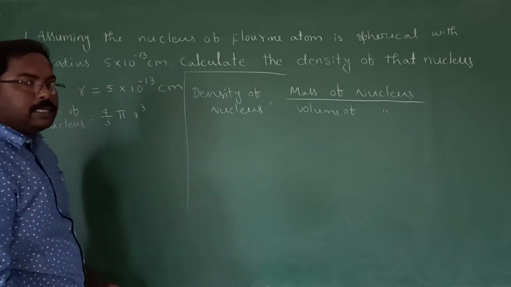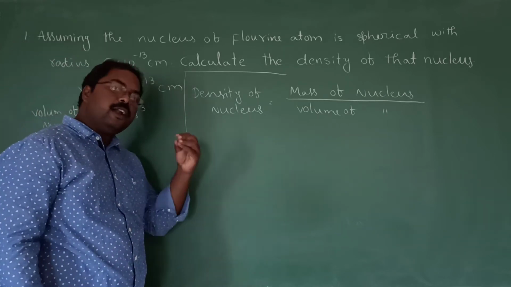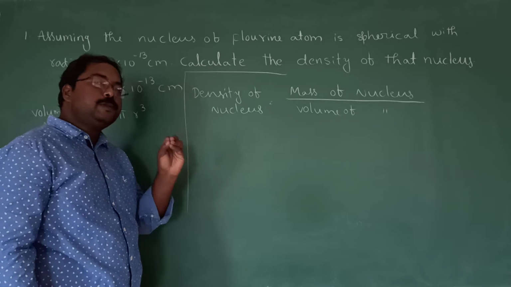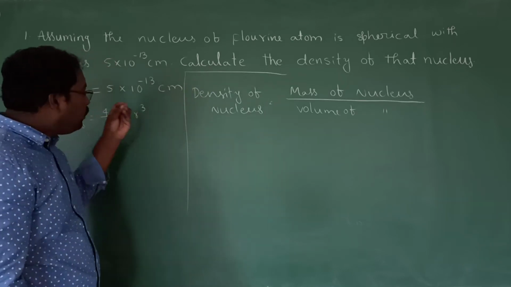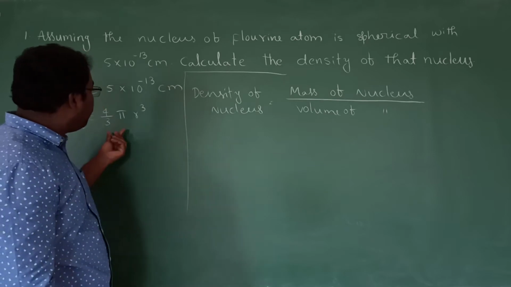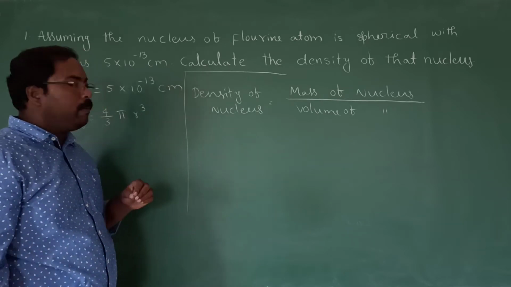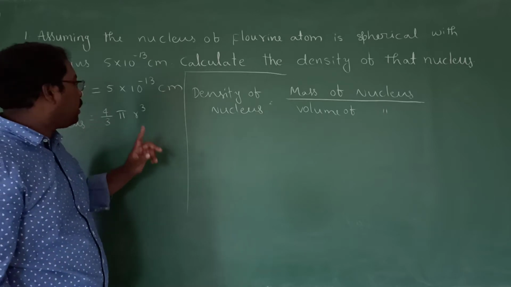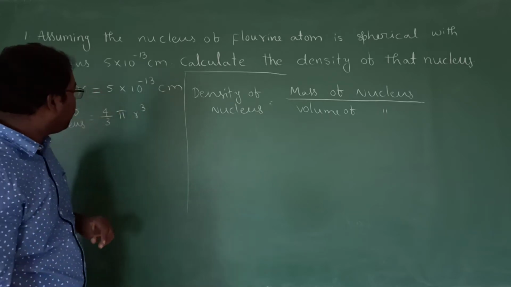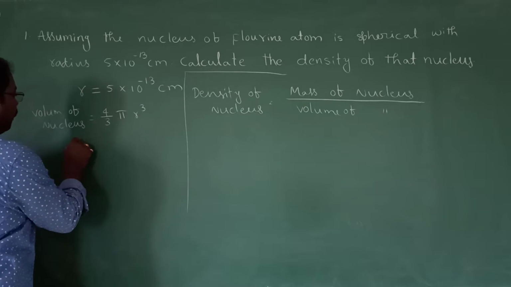It is not only for the nucleus or the atom; for any sphere, generally we learn in mathematics that the volume of the sphere is 4 by 3 pi r cube. These are constants. Coming to r, the value is already given. Let us substitute in the formula.